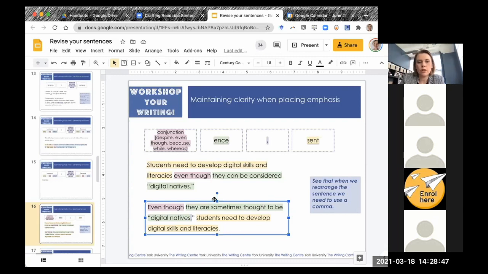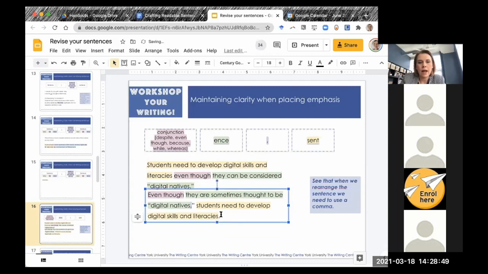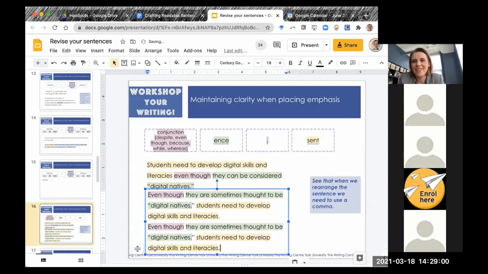So has anyone been taught that they can't start a sentence with because? Just let me know in the chat. Yeah. Some people, a lot of people. You definitely can. It's just that because is one of these subordinating conjunctions.